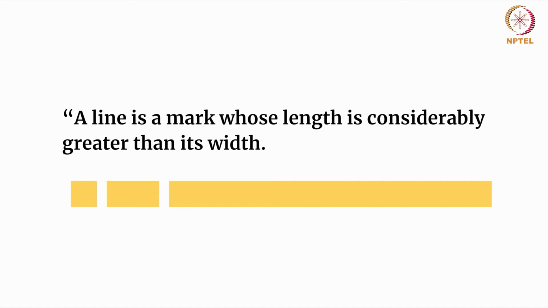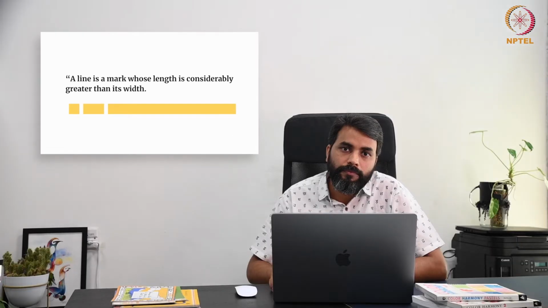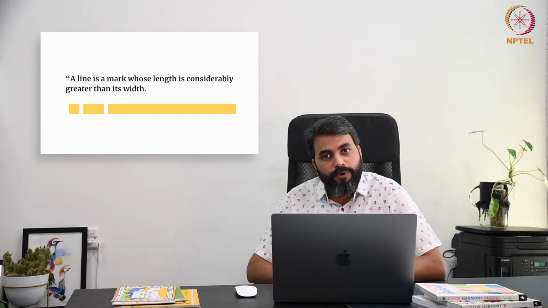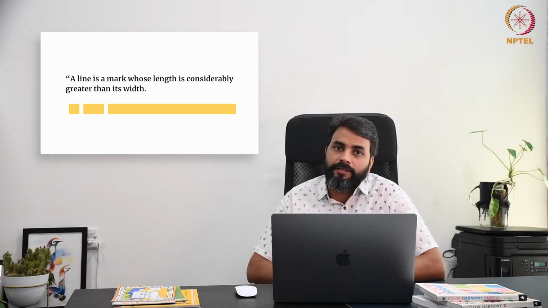And in the final representation, we can easily identify this as a line. The reason is simple. The length is bigger than the width. That means scale plays an important role in defining a line.